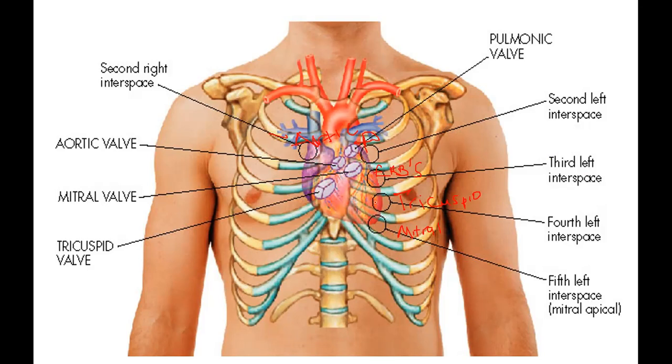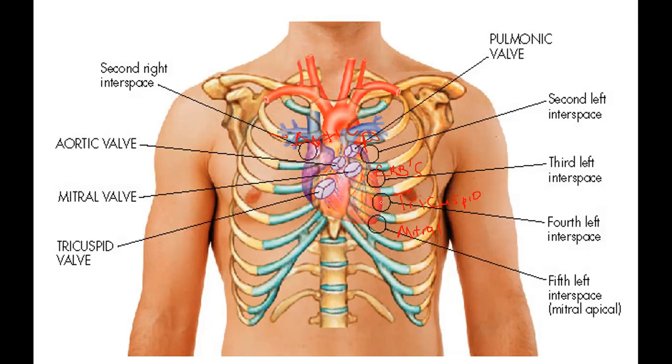Then we have the tricuspid area. We have the second, third, then fourth intercostal space here. In the fourth intercostal space in the left sternal border, left parasternal border, we have the tricuspid area.